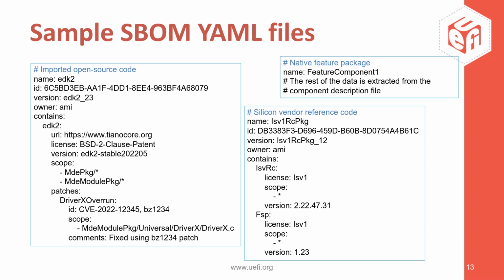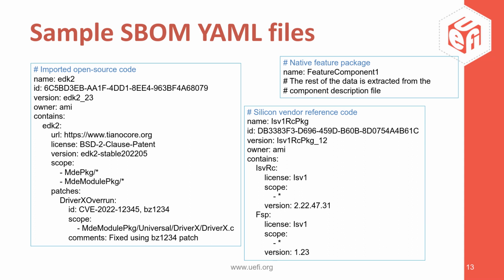Just want to say that you can have different levels of granularity. You can treat, for example, EDK as your one component. Also, typically in every code base there are native components, which means components developed by the owner of the code base, and then imported components.